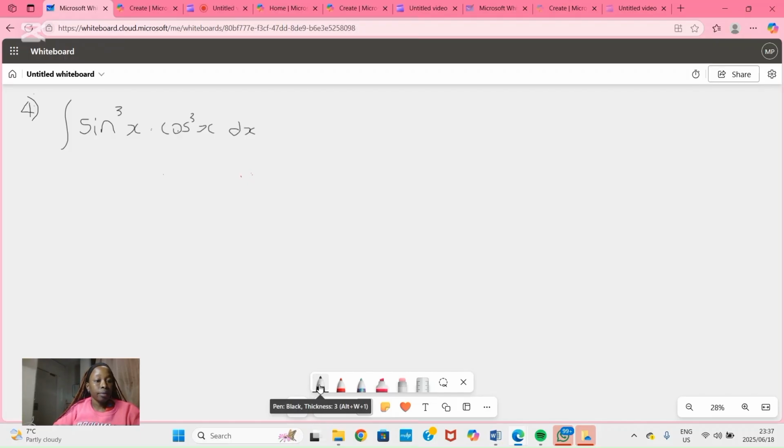Now we're doing example number 4. Example number 4, we have trig ratios also. So integrating this one, you have to expand this first. Make it in a simpler form.